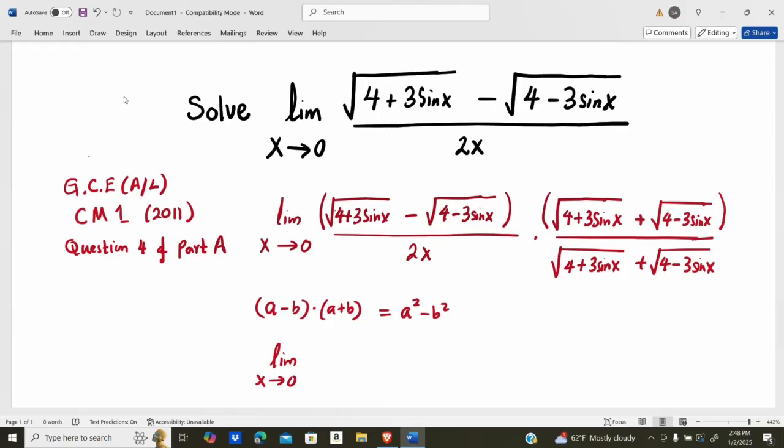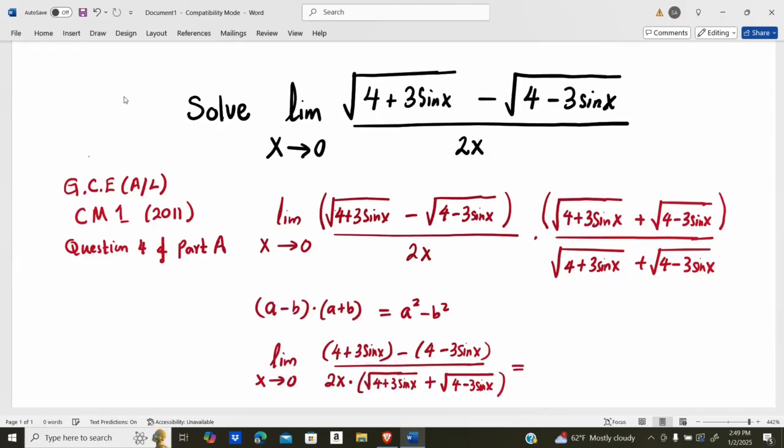So limit as x goes to 0. The numerator becomes 4 plus 3 sine x minus 4 minus 3 sine x, and the entire thing is divided by 2x times square root 4 plus 3 sine x plus square root 4 minus 3 sine x. Okay, let's simplify further.